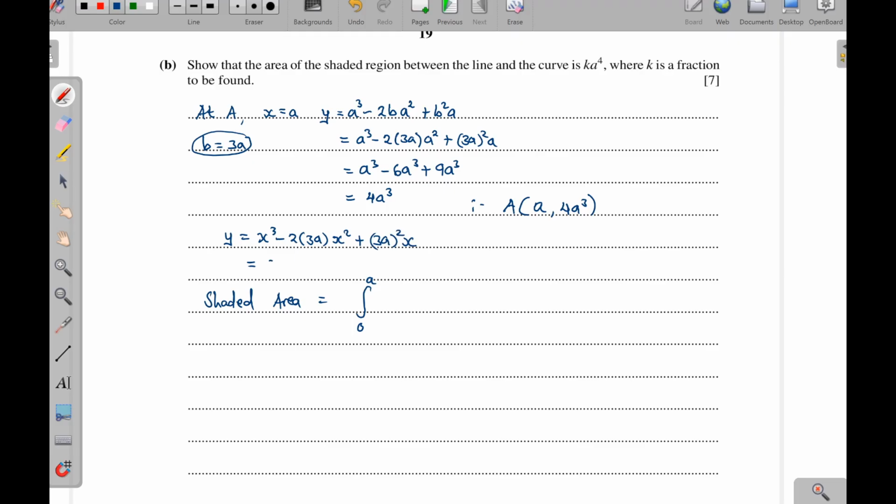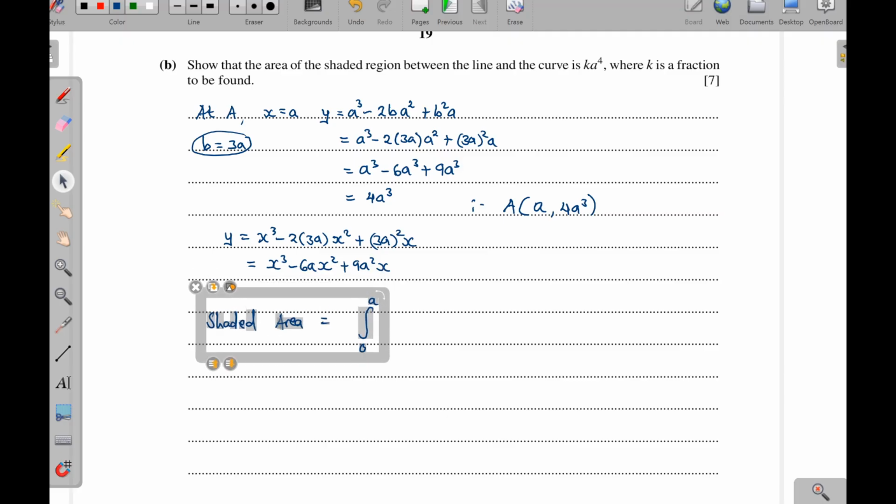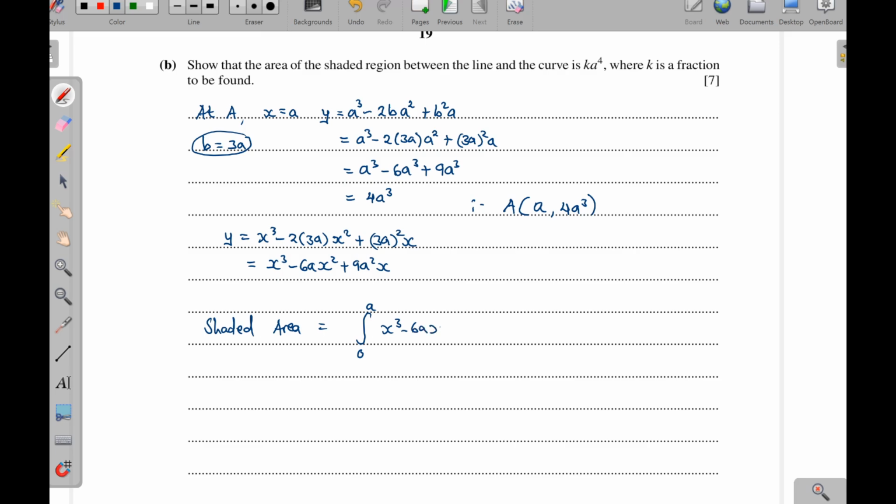So that means here we shall have x cubed minus 6a x squared, then plus 9a squared x. You see that? So that is what we are now going to substitute here: 0 to a, and our y is x cubed minus 6a x squared, then plus 9a squared x, with respect to x, then plus the area of the triangle.